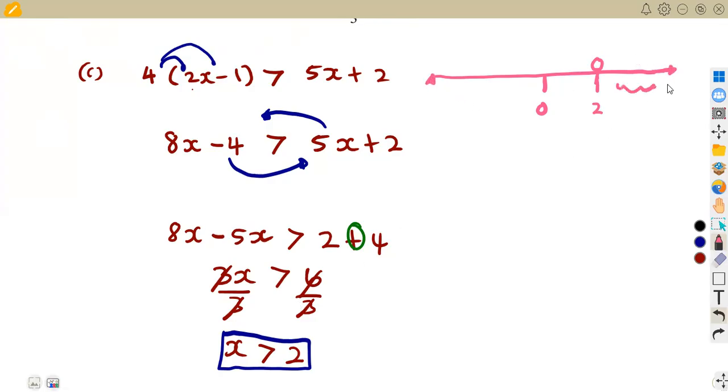Are we going to the right, 2, 3, 4, 5, 6, and so on? Or are we going back 1, 0, -1, -2, -3? We are going to the right because those values are bigger than 2. So the arrow points where the values are found. That is where you indicate your arrow, because we do not have boundaries.